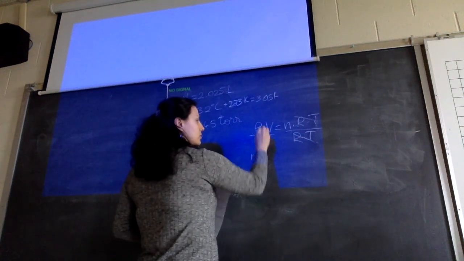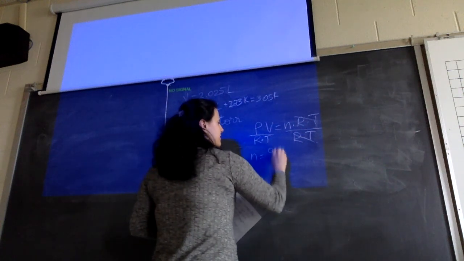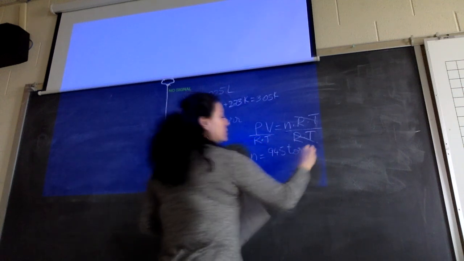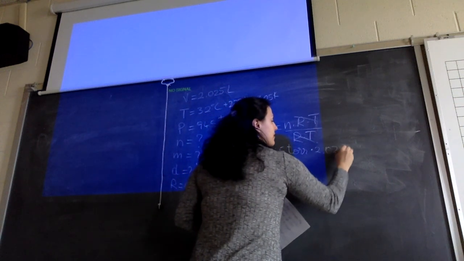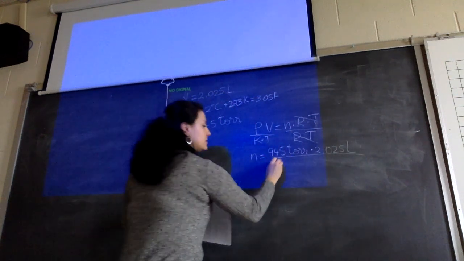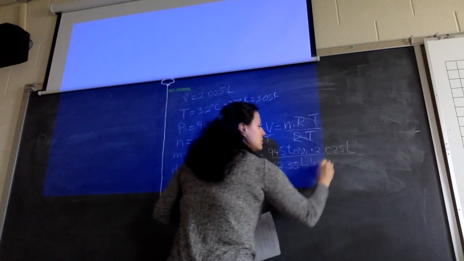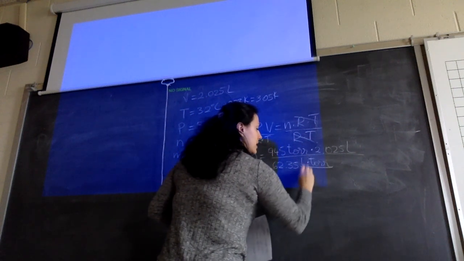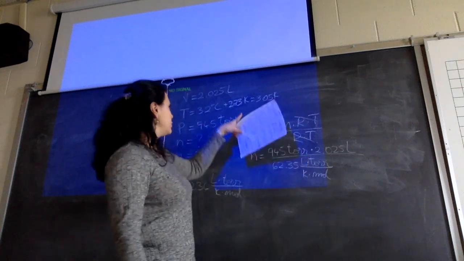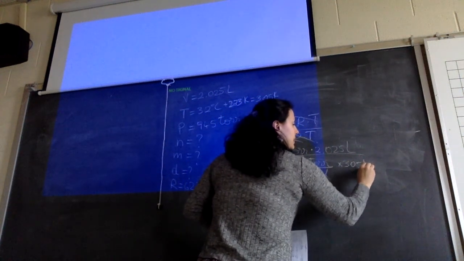Okay, so N is equal to pressure, which is 945 torr, times the volume, which is 2.025 liters, over my R, which is 62.36 liters torr over Kelvin mole, and then the temperature is 305 Kelvin.